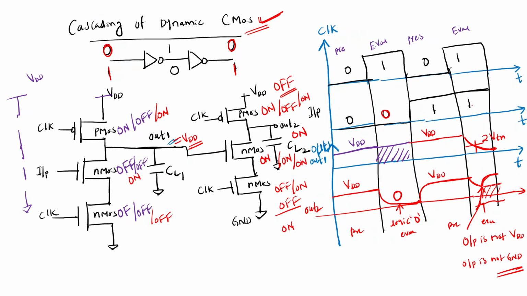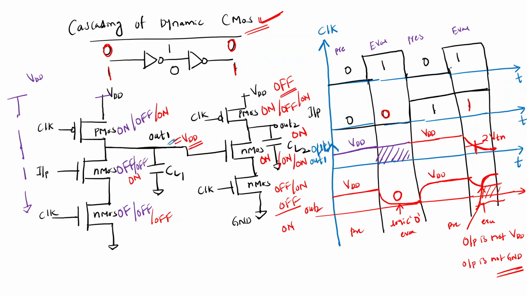When input is logic 1, what is happening is this capacitor is discharging. Till here the capacitor will discharge, after crossing this twice that of VTN, again this will charge.